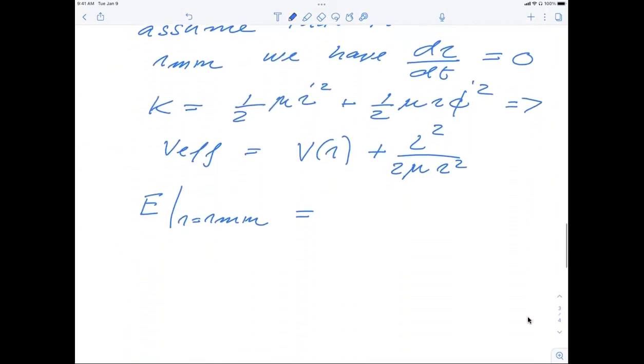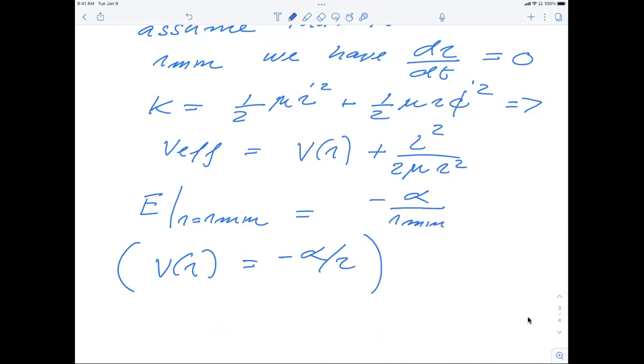So when we look at the analysis in the new coordinate system, what we get then, when we assume that V of R, the potential which we're going to plug in, is something which goes like the gravitational potential, so we're going to have minus alpha divided by R min. So we are now looking explicitly at this turning point. And then we have a plus L squared divided by 2 mu R squared min.